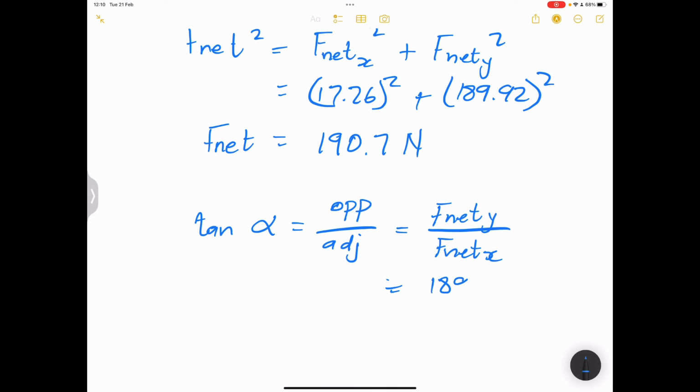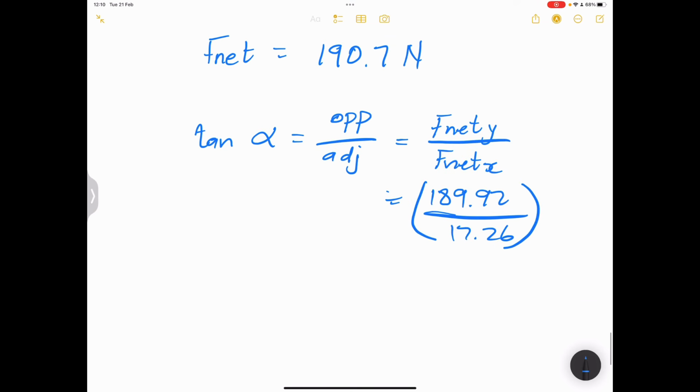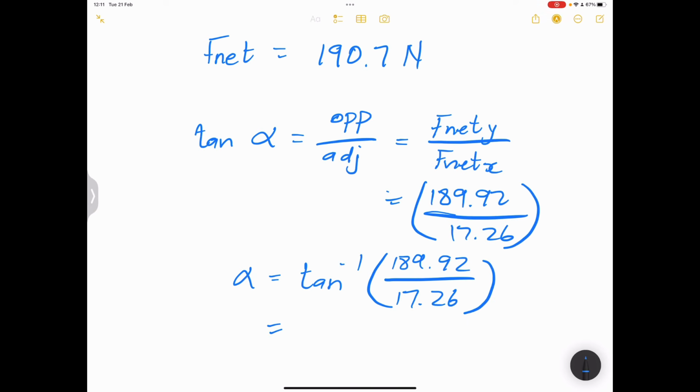So remember, that's 189.92 divided by 17.26. Which means if we want to get alpha, we'll say the arctan of that entire value, 189.92 divided by 17.26. Let's do that quickly.